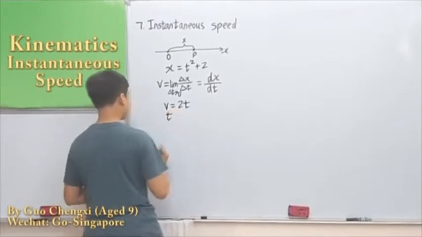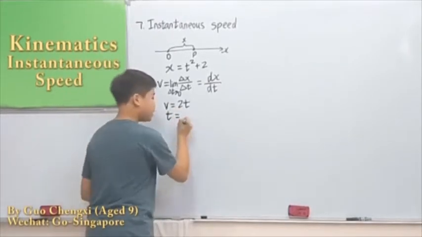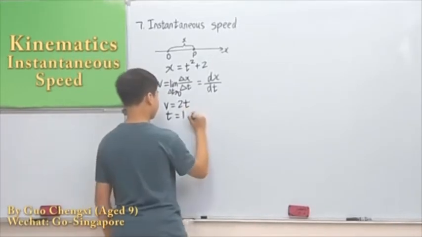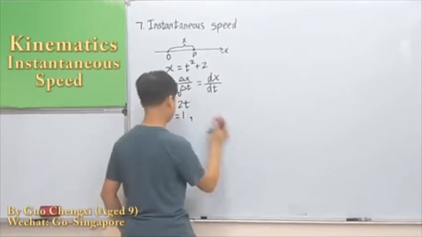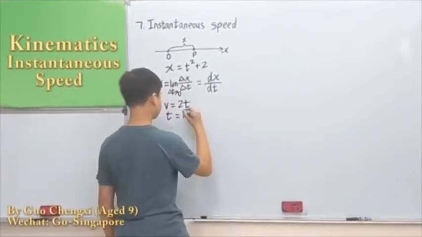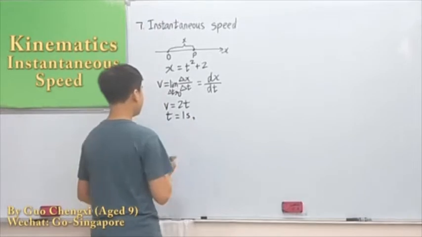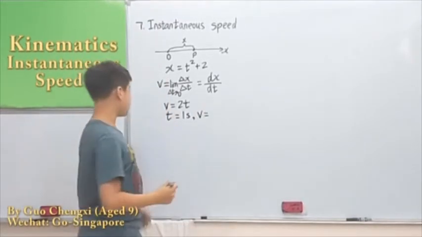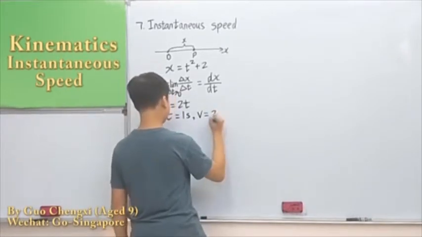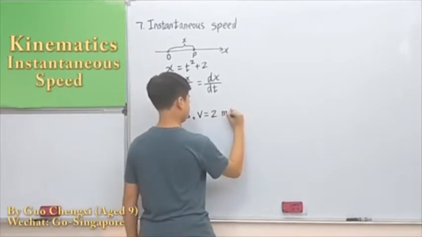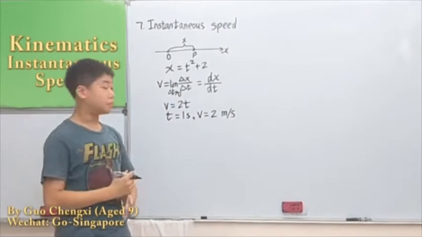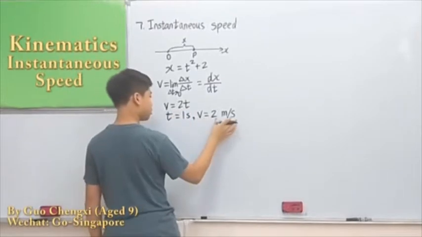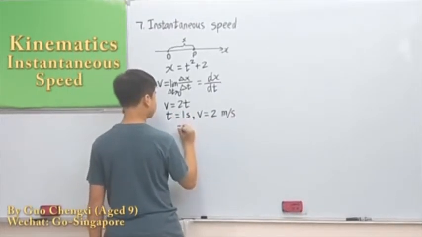We can give a few examples. For example, if the time at this point is 1 second, then according to this, the speed is 2. Beware that this is in meters per second. So here you get 2 meters per second.